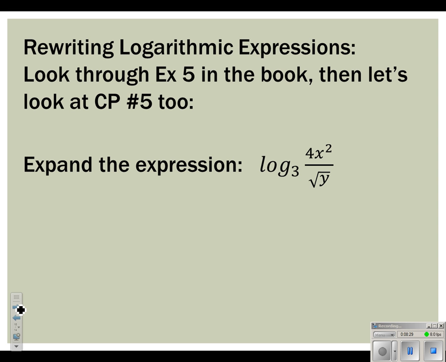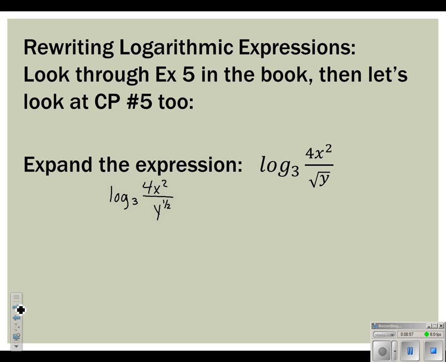Our logs generally don't keep any square roots. So I'm going to first rewrite, leave that alone for a second, but change this into y to the 1/2 power. Okay, so we worked with that way back at the beginning of the year, and that's something that can be done. Then we have a product, and we also have a quotient. So I'm going to start pulling those things apart.